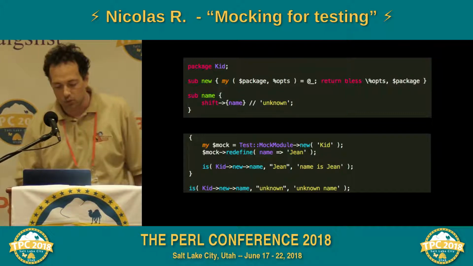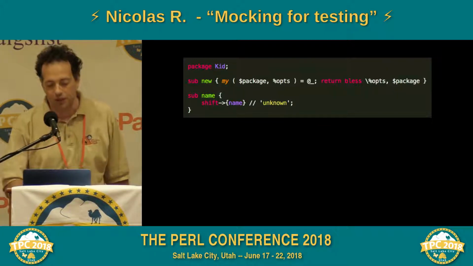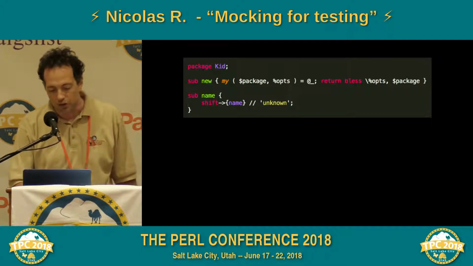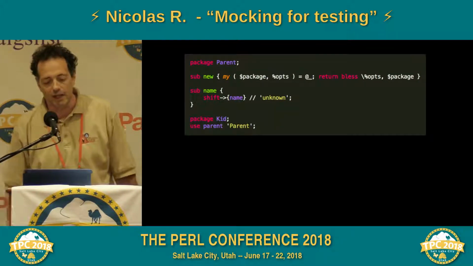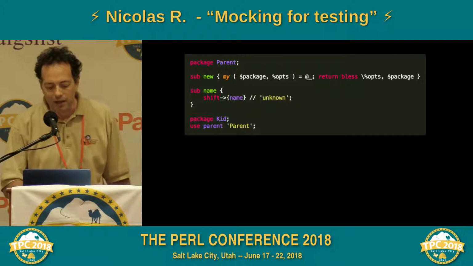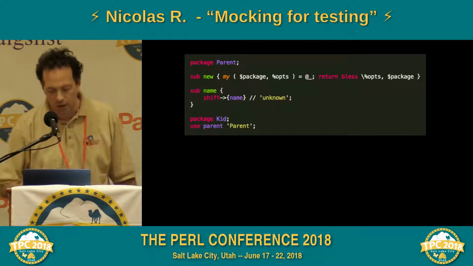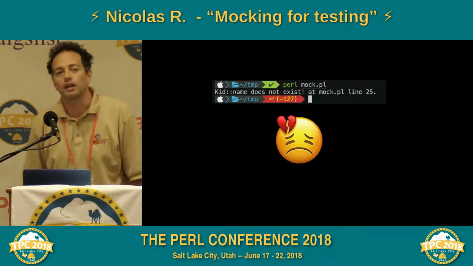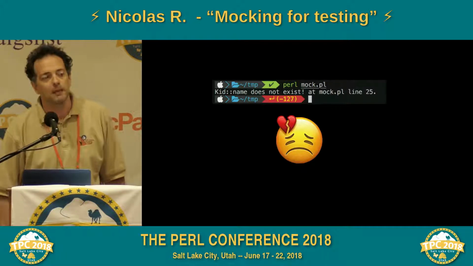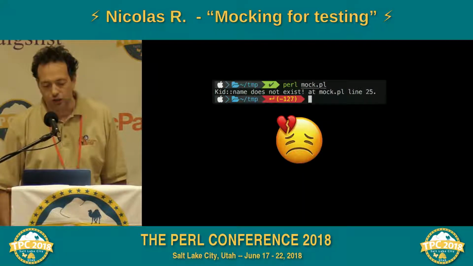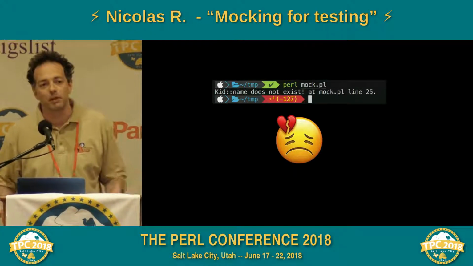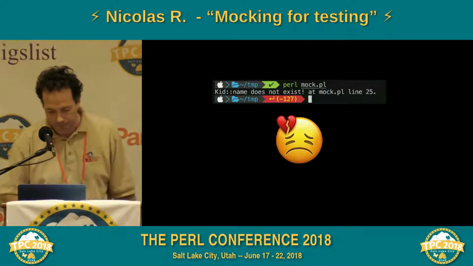But when you have that code, what happens if you refactor it to use, for example, a parent class, something like this? Then all my love for Test::MockModule went away because it was useless, claiming that the function doesn't exist, whereas name exists but came from one of the parents.